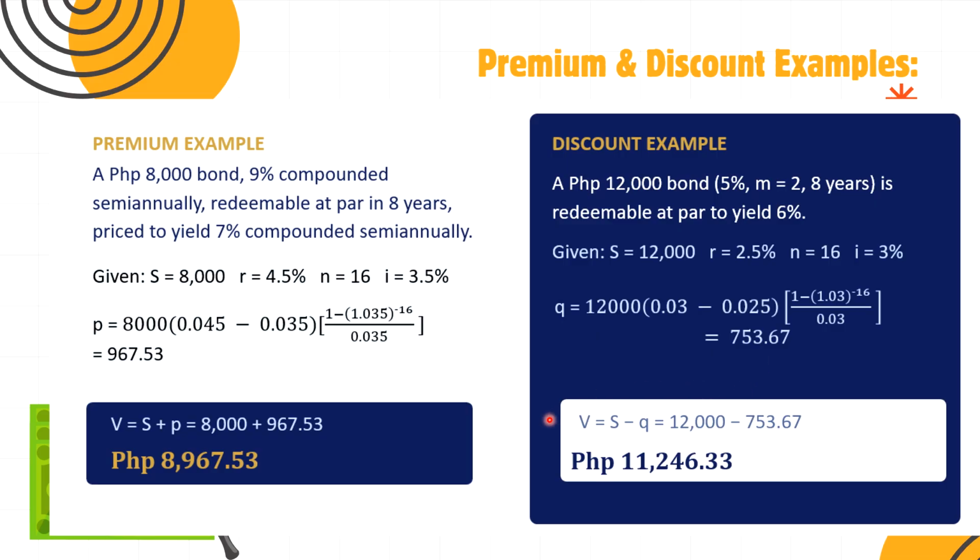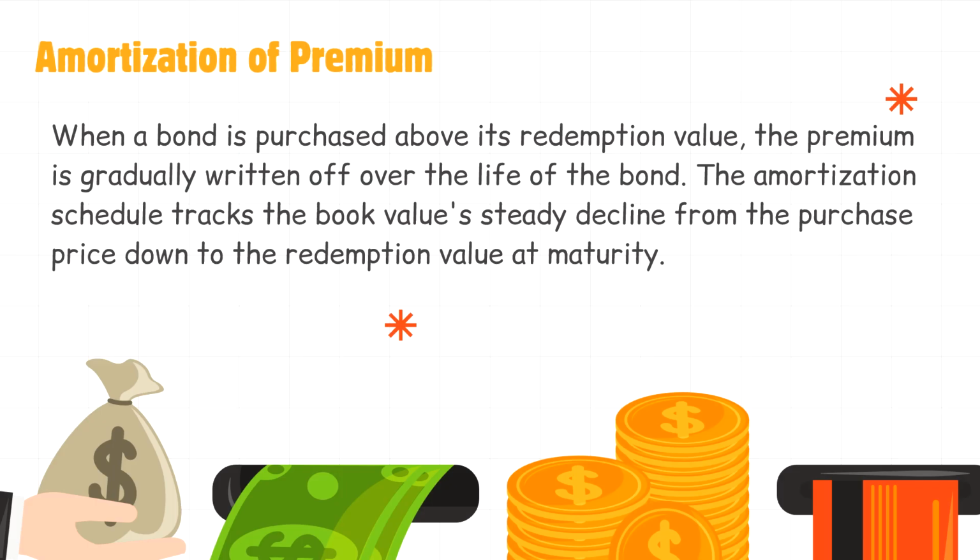So since it is discount, the value is equal to S minus Q. So that would be 12,000 minus 753.67. So the answer is 11,246.33 pesos. Now, that's it for the bond premium and bond discount.